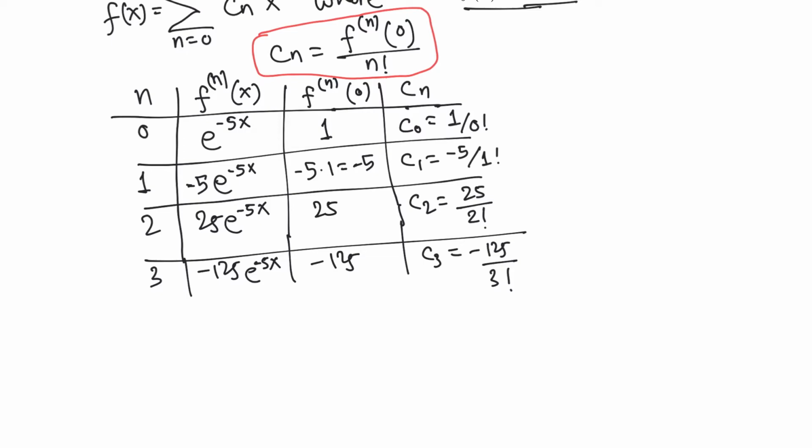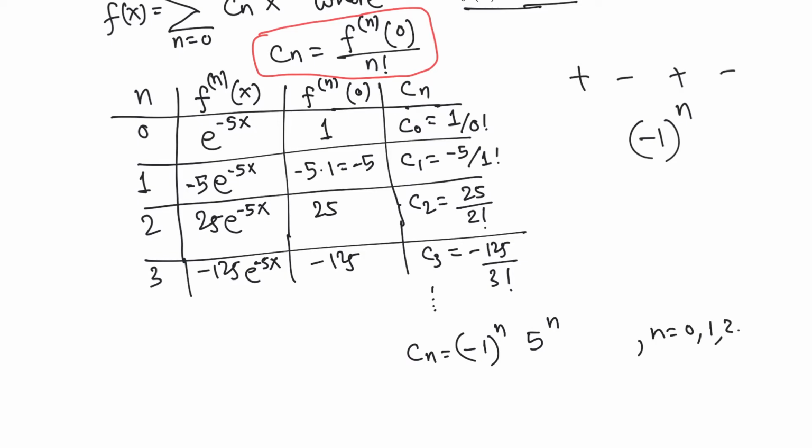So it looks like in this way, Cn has plus minus, that is negative 1 raised to n when we start from 0, because negative 1 to the 0 is positive 1. So negative 1 to the n, and on the top 1 times 5 times 5, so that is pretty much 5 raised to n.